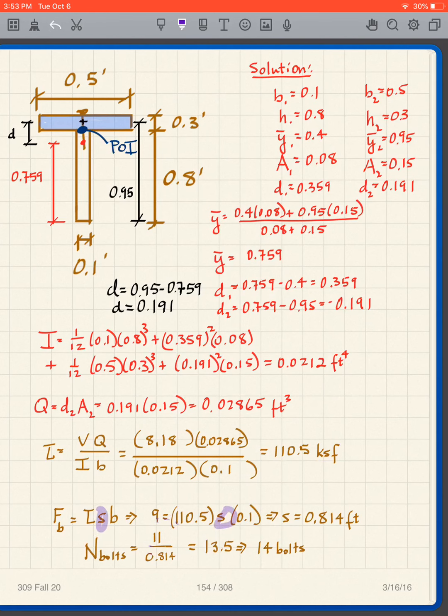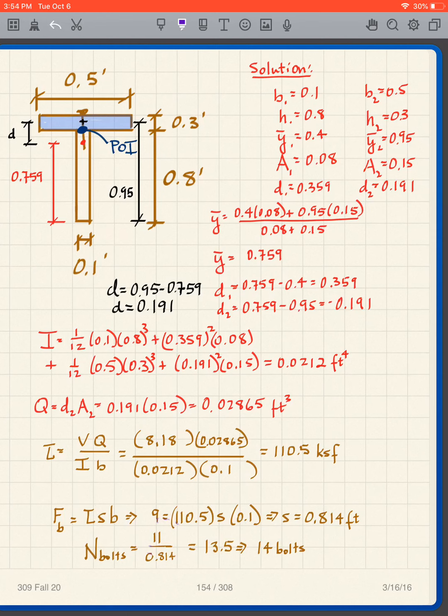S is the variable here. And B is 0.1, so we've already shown that. Solve for S, we get 0.814 feet. The number of bolts, it's 11 feet divided by 0.814, 13 and a half, which we're going to round up to 14 bolts.